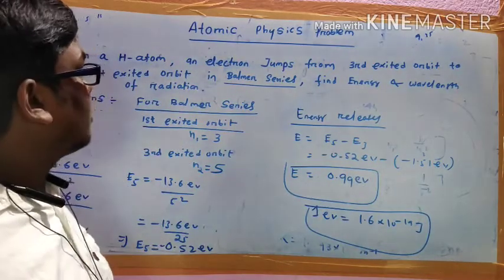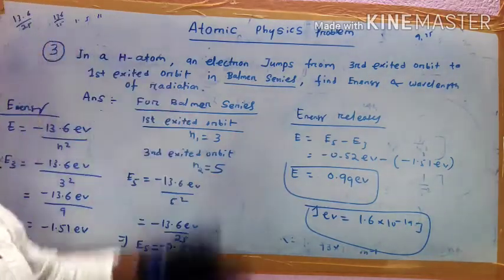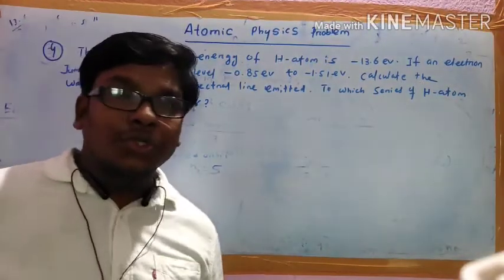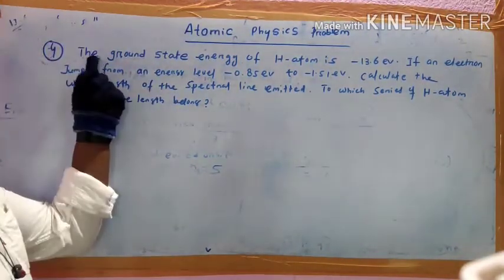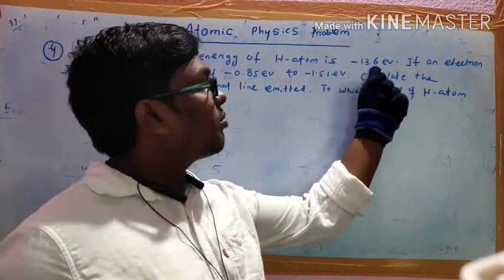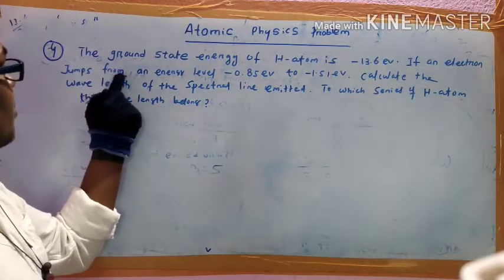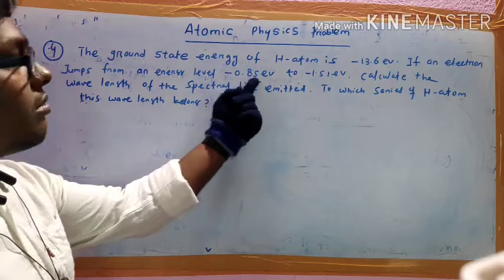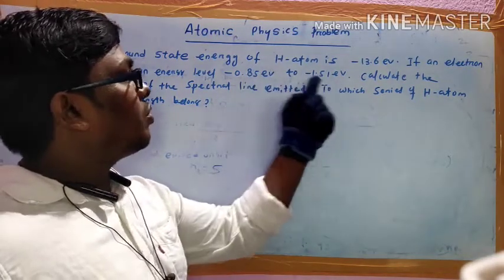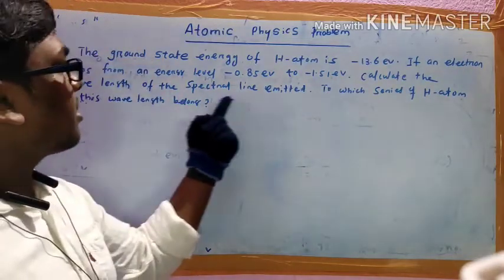Okay, so this is a bit lengthy question, so just copy it. So here is the fourth question. The ground state energy of hydrogen atom is minus 13.6 eV. If an electron jumps from an energy level of 0.85 eV to 1.51 eV, calculate the wavelength of the spectral line emitted.